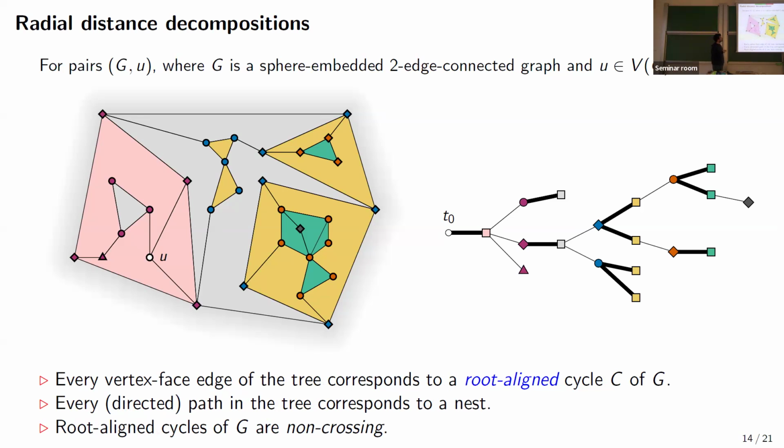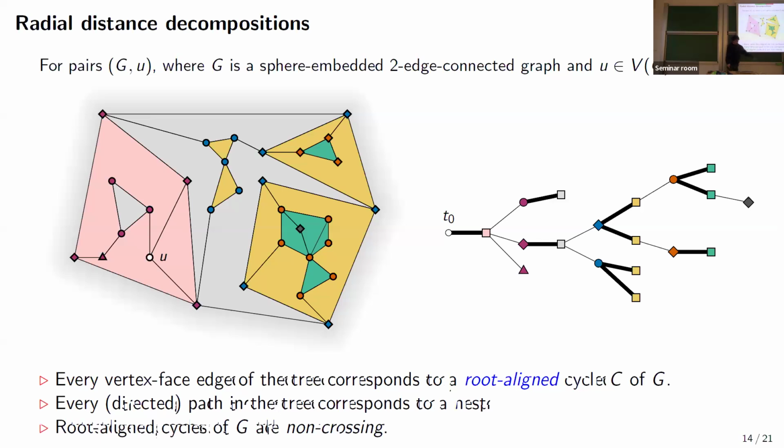But if you give me, for example, a path here, it starts from T0, it goes here, here, here. The cycle you get is this cycle, and this cycle: the cycle bounding this pink area, the cycle bounding this yellow area, and the cycle bounding the green. So as you go through the nest, they are disjoint. But in this construction, different nests can branch in some sense. Yes, these branches don't have to be disjoint.